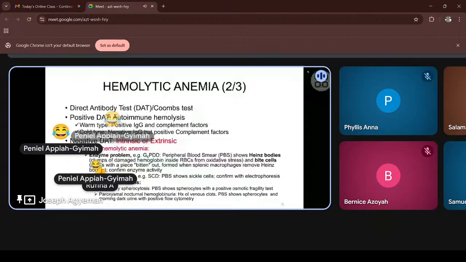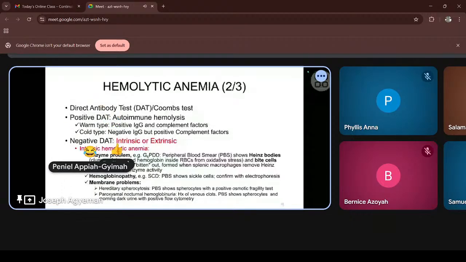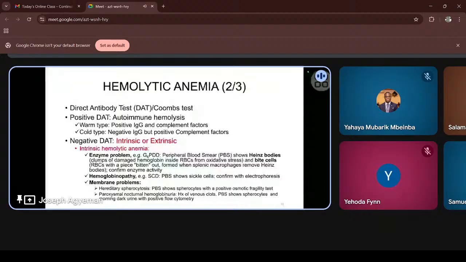All right. Yes. So when Heinz bodies, which are useless red cells with damaged hemoglobin, are bitten by the macrophages, then we call them bite cells. So you are going to observe such cells in a peripheral blood smear under the microscope if it is G6PD. You will see Heinz bodies, you will see bite cells.